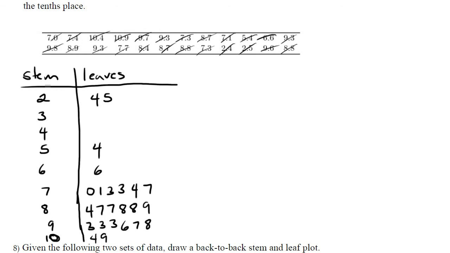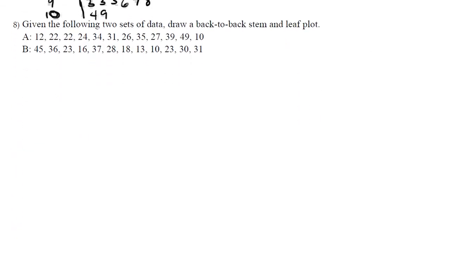All right. Number 8. So now this is a different one. Given the following 2 sets of data, draw a back-to-back stem and leaf plot. Now this one is a little bit more interesting because, since it's back-to-back, you can picture that the stem is in the middle.